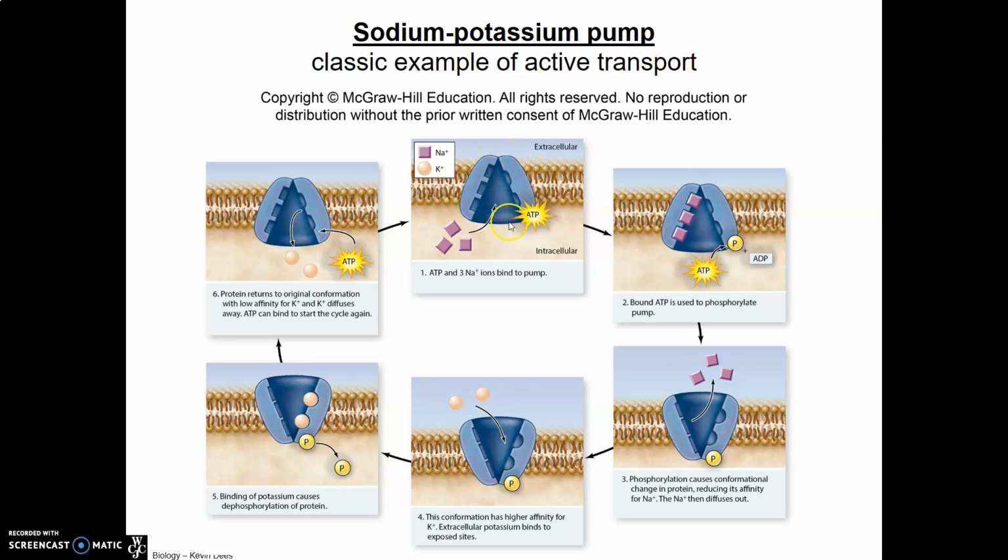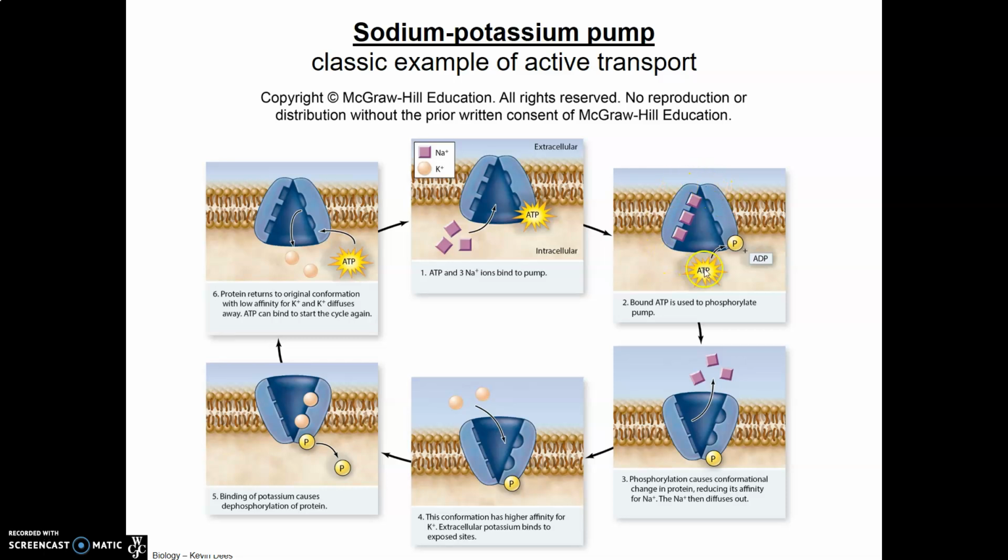So here is our transport protein, and the first step is where a molecule of ATP binds to the transport protein, and we see that the transport protein can accept 3 of these sodium ions. When the sodium ions are bound to the transport protein, the phosphate is pulled away from our ATP, creating a molecule of ADP.